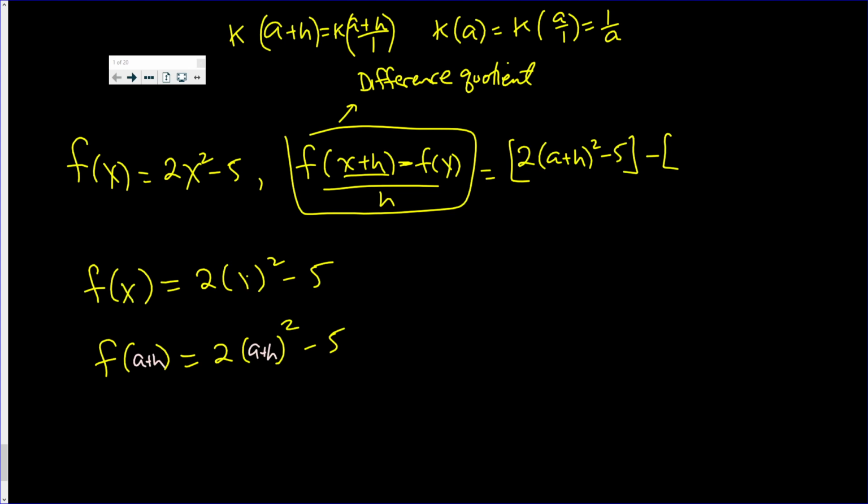Well, they put x in the bracket, so do we. So we get 2x squared minus 5. And I apologize, they put x plus h in the brackets, so we should put x plus h in. That's what we put.